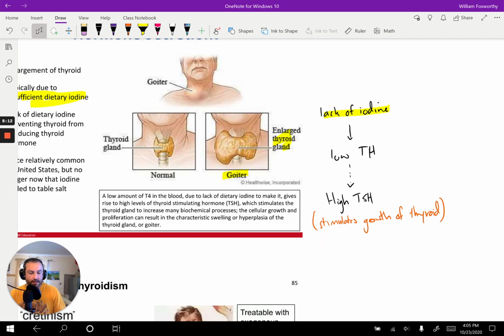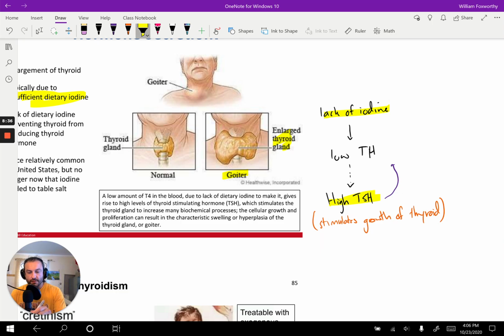As a result, you're going to end up with high thyroid stimulating hormone being released by the anterior pituitary. This thyroid stimulating hormone is attempting to raise the thyroid hormone levels, but it's never going to happen because there's not sufficient iodine to synthesize thyroid hormone.